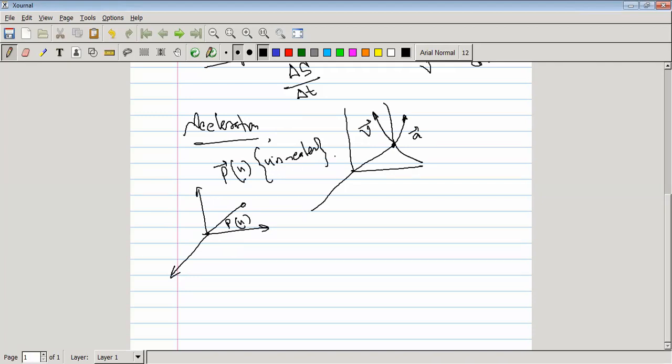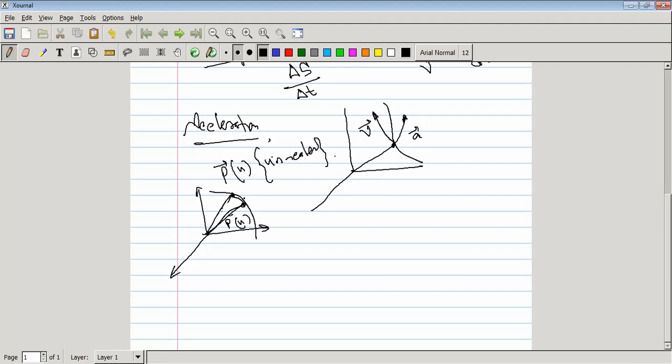So if p is a vector, and if u varies, the particle moves along the path, and the tip of that vector p moves, as well as the length of p changing. Understand? After a certain time it will go to this position, so this distance changes, meaning it has a different magnitude, as well as the direction also changes.